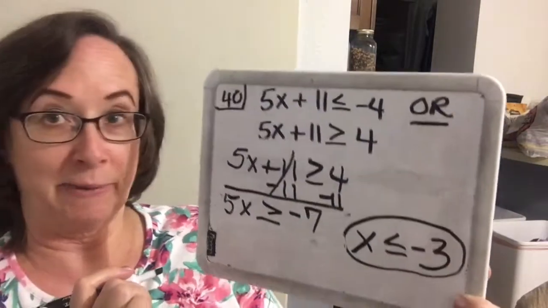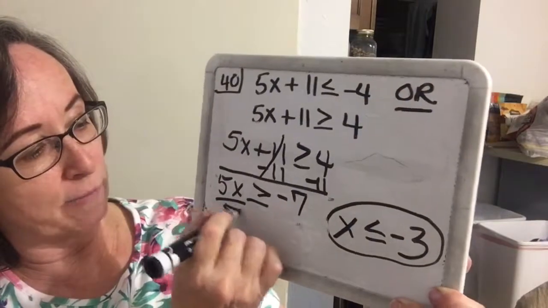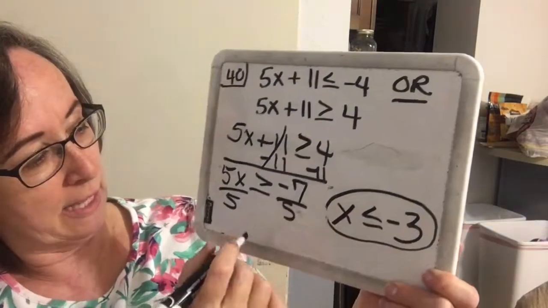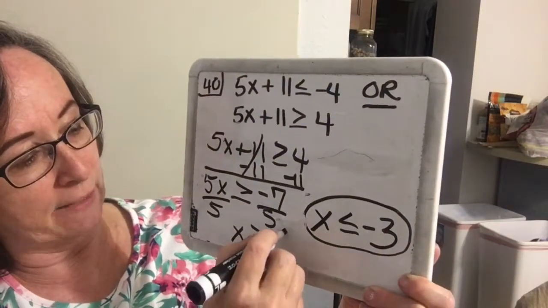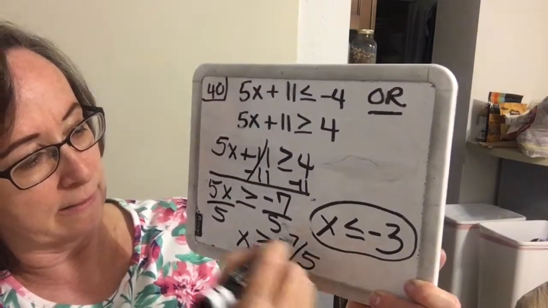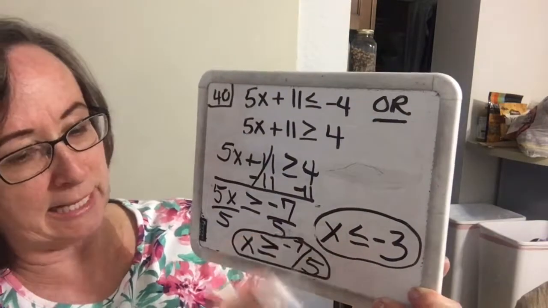Okay, well that's not going to be very pretty. We're going to have a fraction on this one. We divide by a 5, we divide by a 5, and we get x is greater than or equal to -7/5. Okay, so here was the answer for the second part.